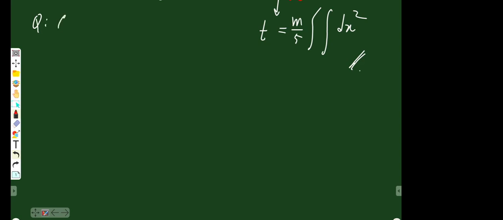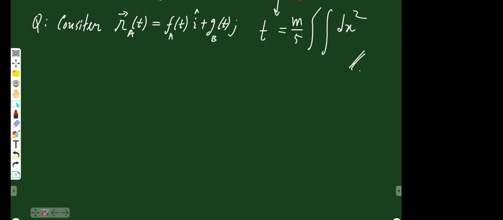Question. Consider r of a function of t is equal to f of t i plus g of t j, right?